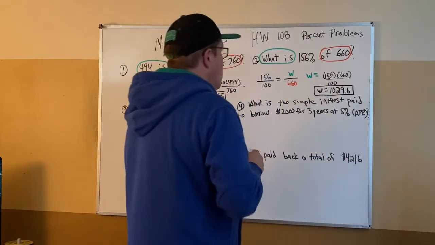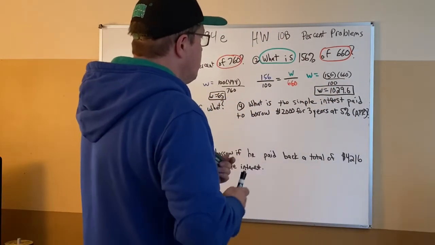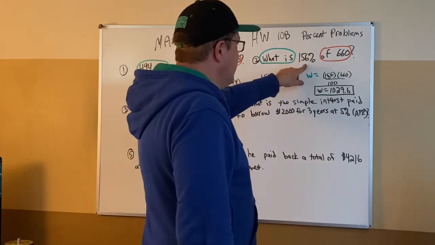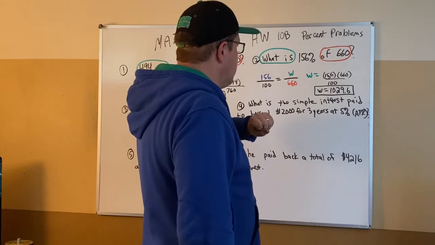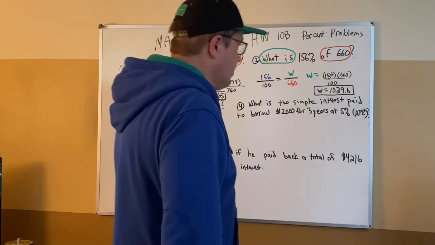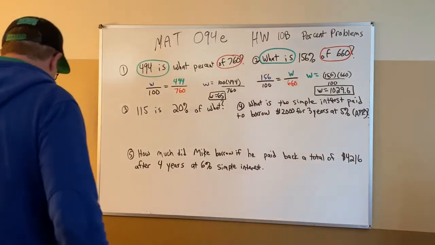Let's see. The percent is 156, which means my new number is larger than the old of number. I got 1029.6, which is larger than the old of 660. It seems I'm going in the proper direction again.